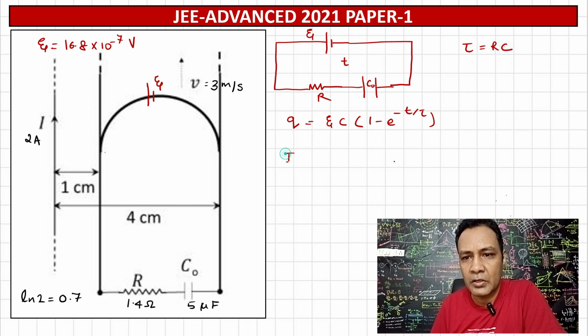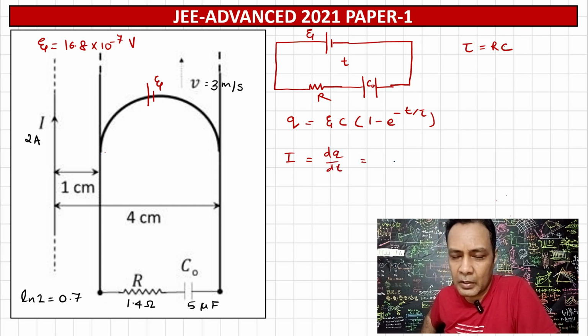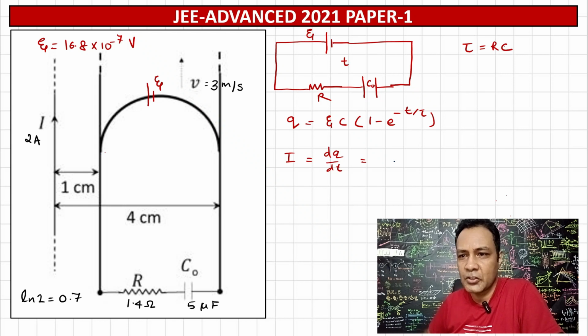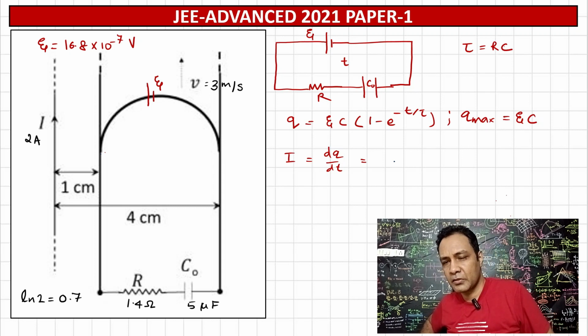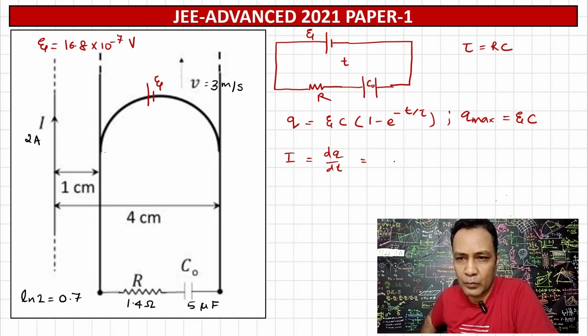And I at time t, I is equal to obviously dq by dt. Basically we have to find the maximum charge and the maximum current. Maximum charge will be when that will be fully charged, so the Q max from here would be, obviously, this charge will get accumulated, and the maximum charge will be EC. And the maximum current you can get from here, and obviously this maximum current is at the initial moment.